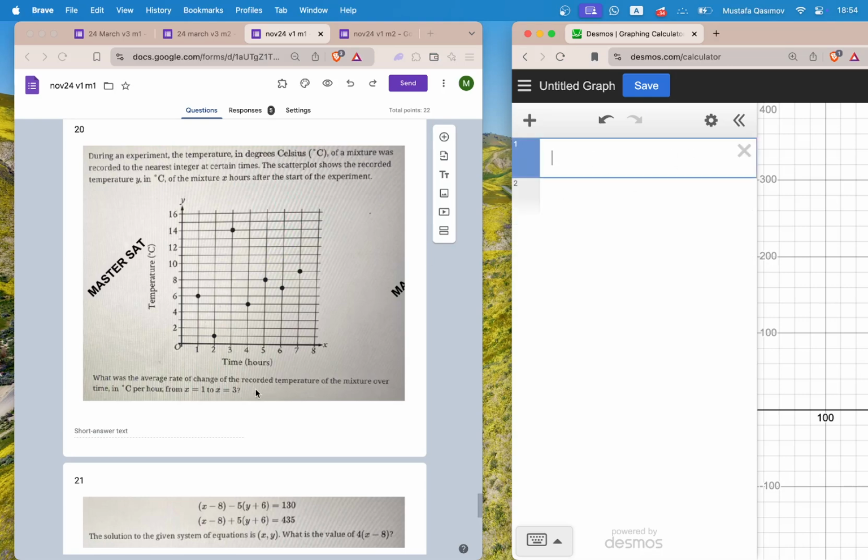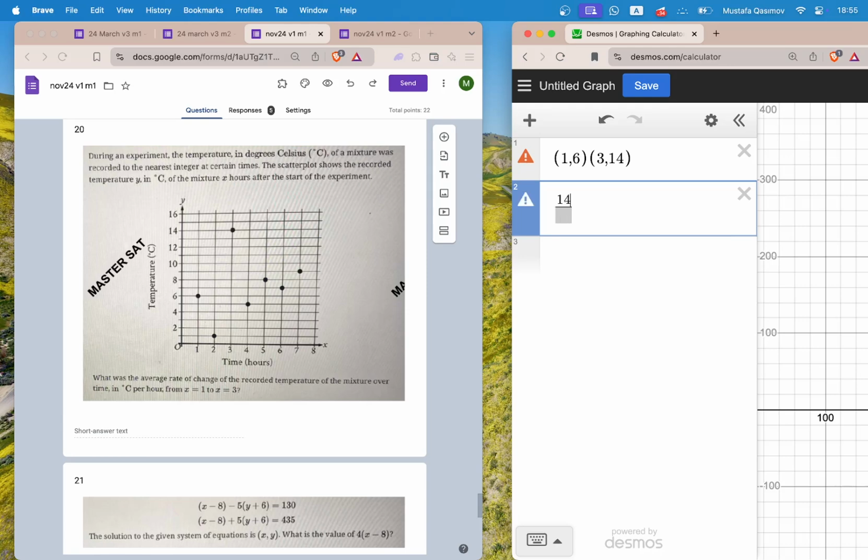If you also, you can understand, we have to find slope per hour. We have 1.6. We have 3.14. Then it will be 14 minus 6 over 3 minus 1.